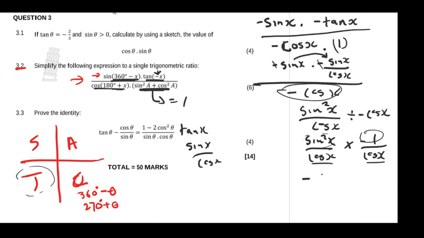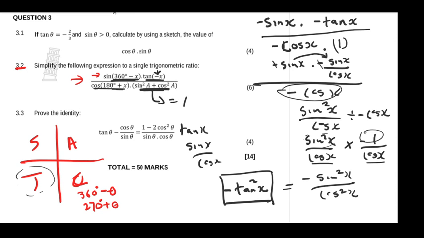We have negative sine squared x over cos squared x, which basically is equal to negative tan squared x. So this would be your solution for this problem here.